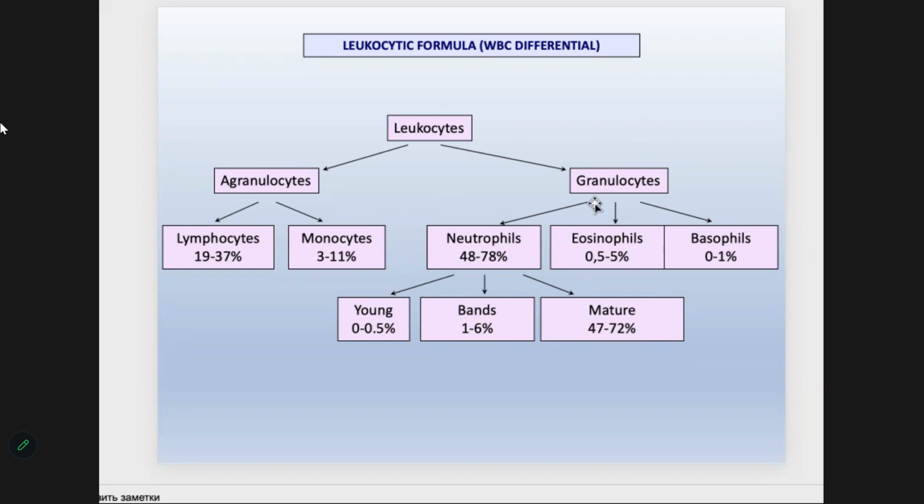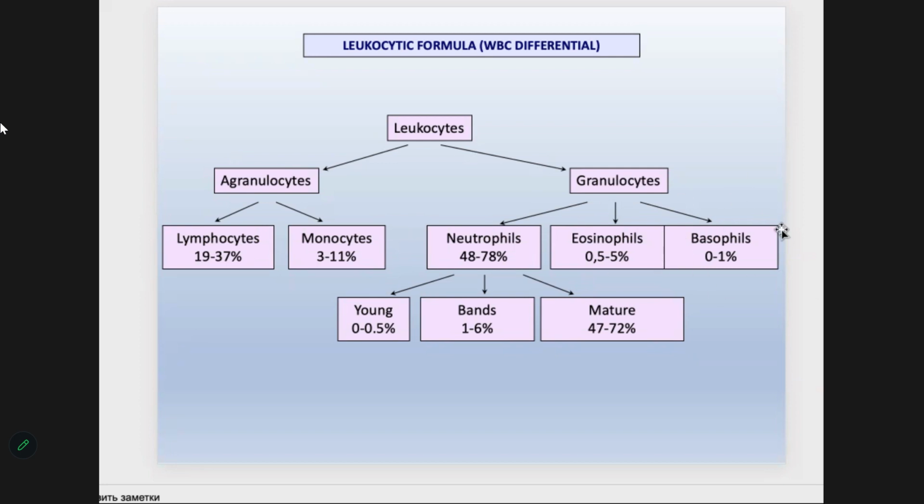According to the affinity to dyes, the staining of these granules, all granulocytes are subdivided into eosinophils, whose granules are stained by acid dyes into a pink or red color, with only 0.5 to 5% of eosinophils in the formula.